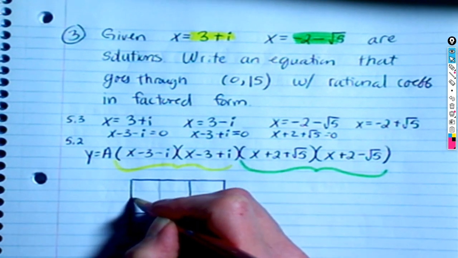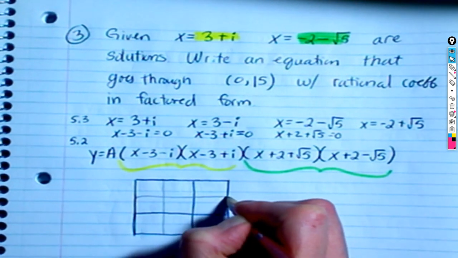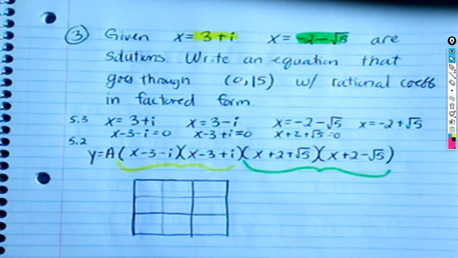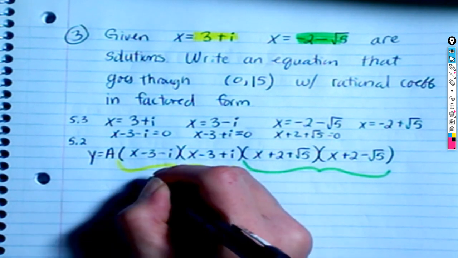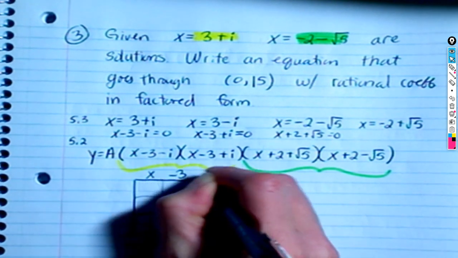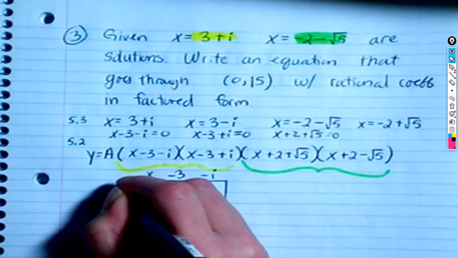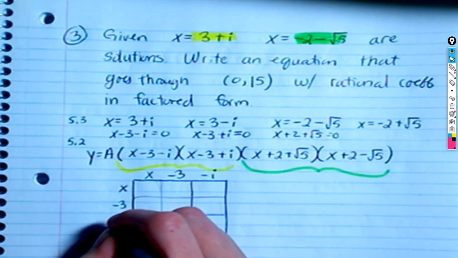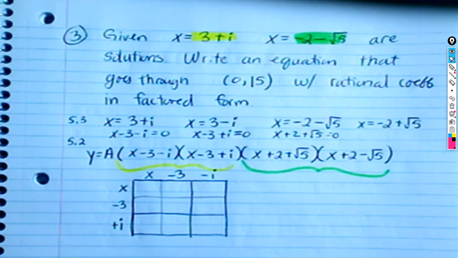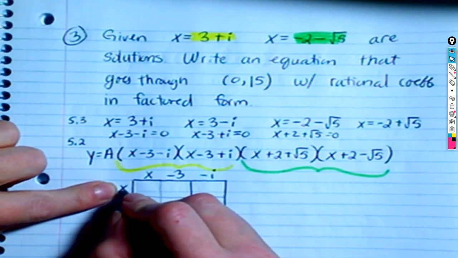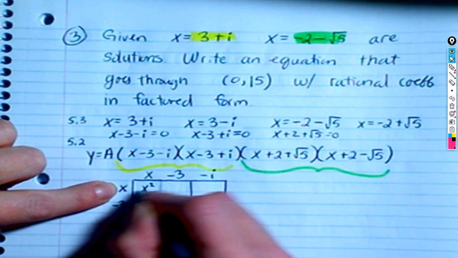Let's line it up. x minus 3 minus i, x minus 3 plus i. This is one way to help you distribute, kind of like your Punnett squares.